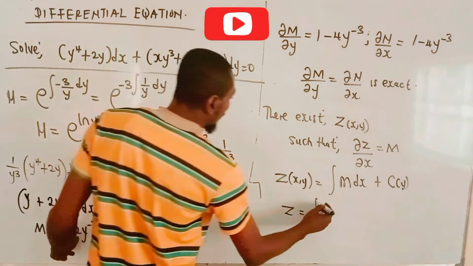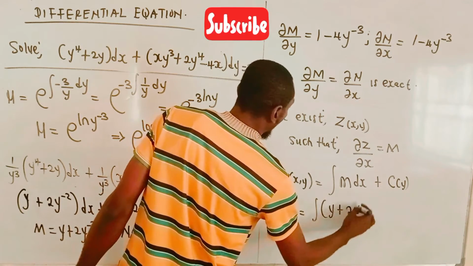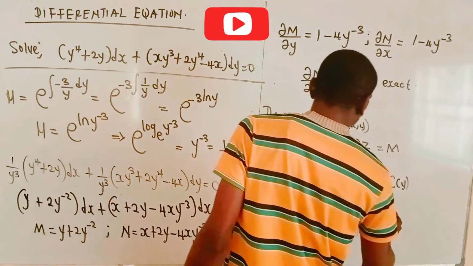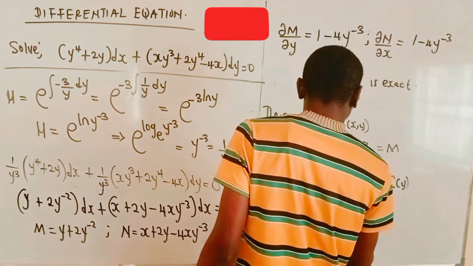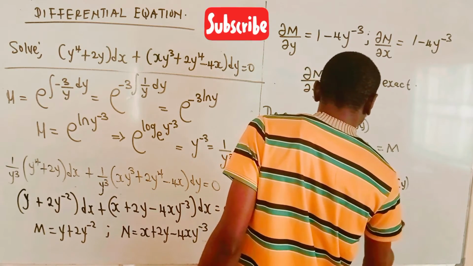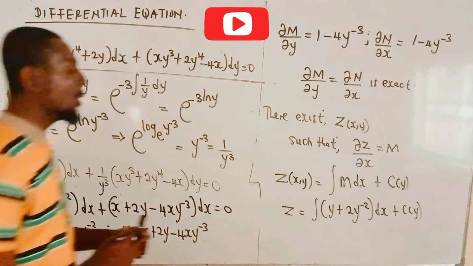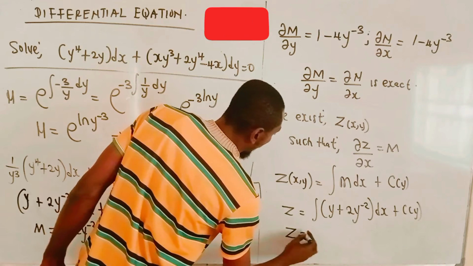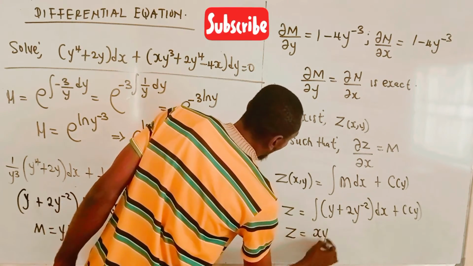M is equal to y plus 2y raised to the power minus 2, all dx, plus c of y. Okay, so we're going to integrate this function now so that we have z equal to the integral of y with respect to x, which is xy.